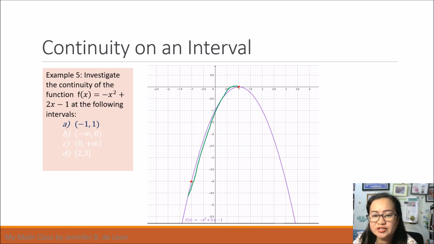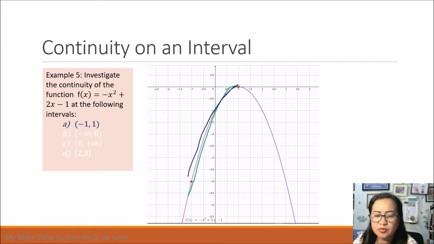Now let's check if the function is continuous also from the right of -1. So let's trace.